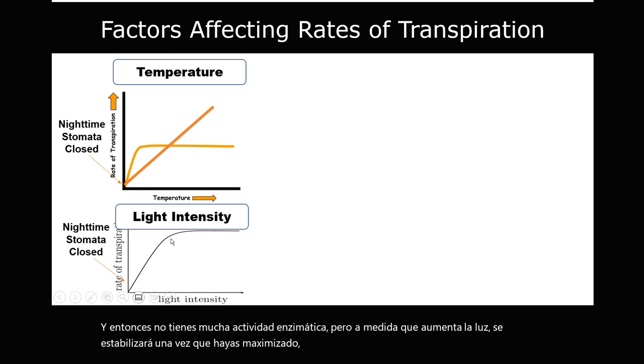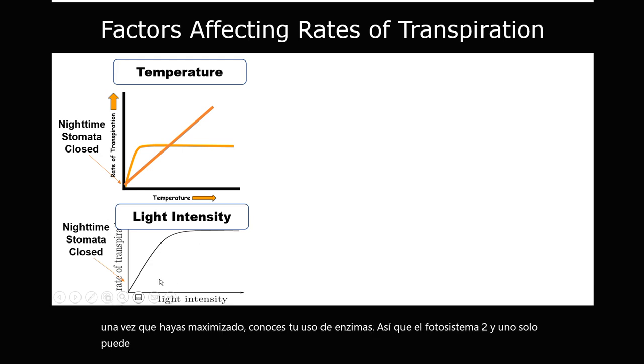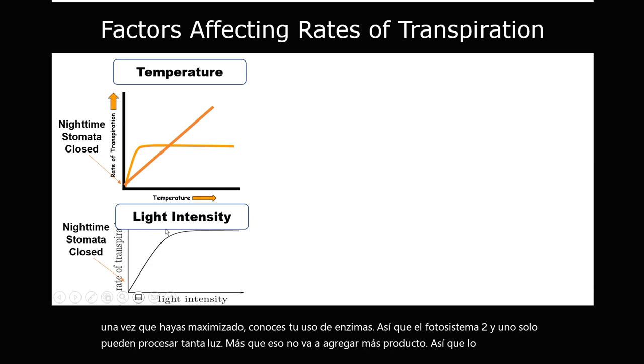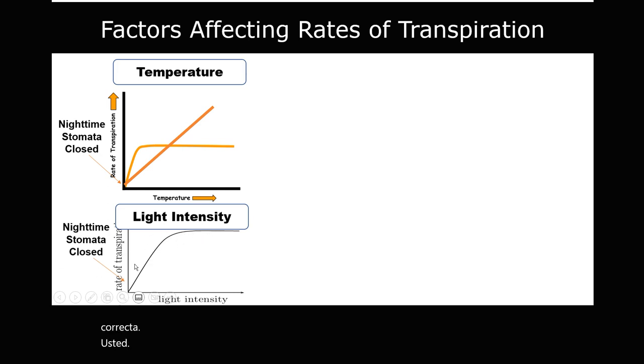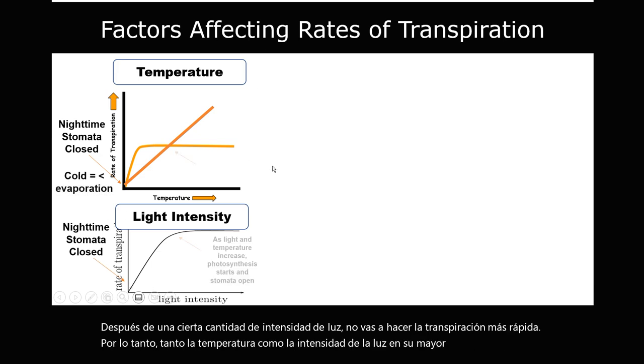Photosystem 2 and 1 can only process so much light. Any more than that is not going to add any more product. In a similar way, after a certain amount of light intensity, you're not going to make transpiration any faster. So both temperature and light intensity, for the most part, are going to increase the rates of transpiration.